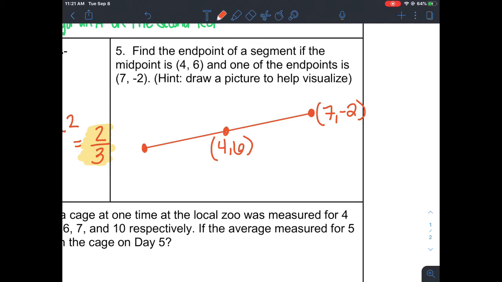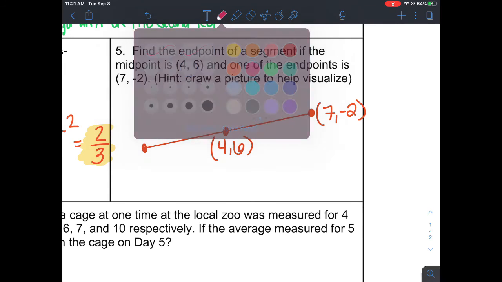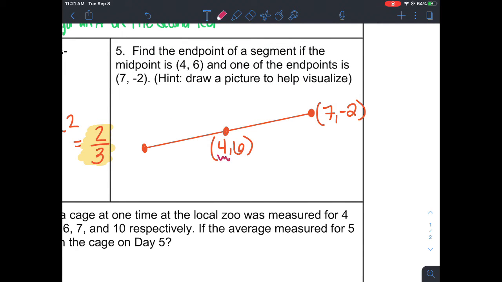All right. Now remember, a midpoint is actually just the average of the x's and the average of your y's. So I'm going to take a look at my x values. This 4 is the average of some number and 7. So to get from 4 to 7, x values, I went 1, 2, 3, 4, 5, 6, 7.